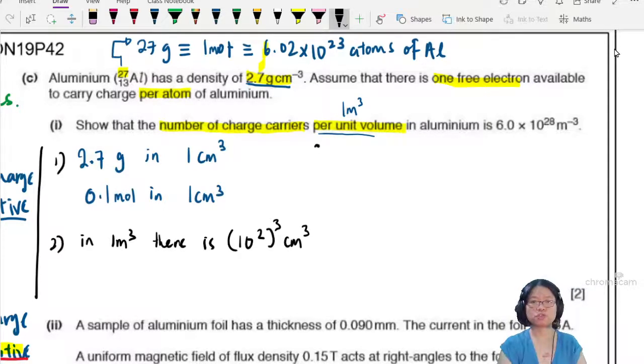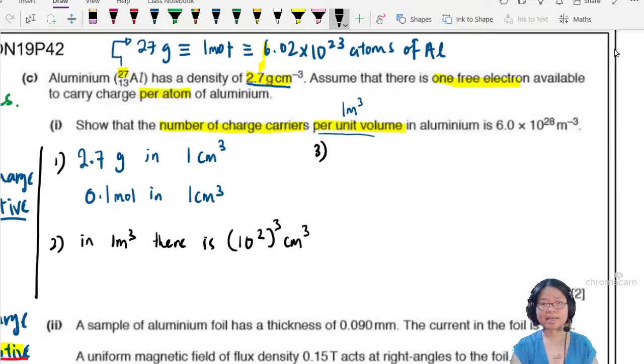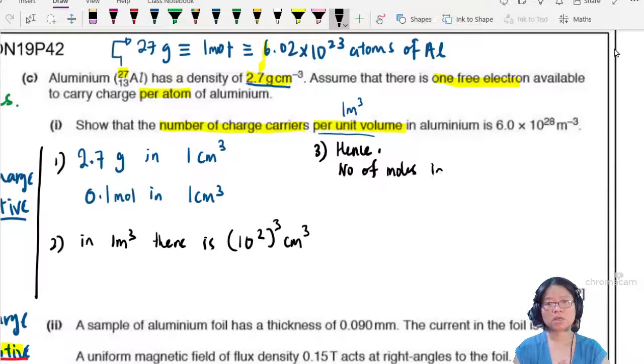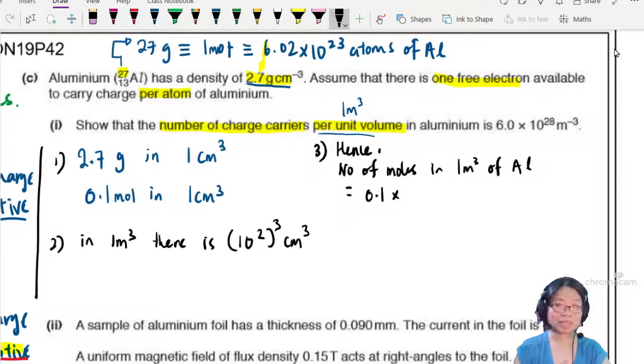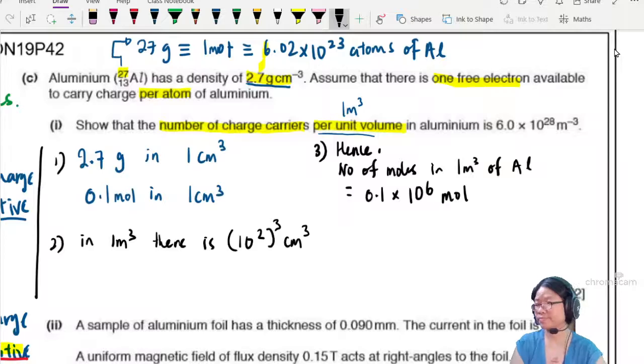So step 3, we can then say, hence, the number of moles in 1 meter cube of aluminium is equal to 0.1 mole for 1 cm cube, but 1 meter cube has 10 to the power of 2 to the power of 3, which is 10 to the power of 6.